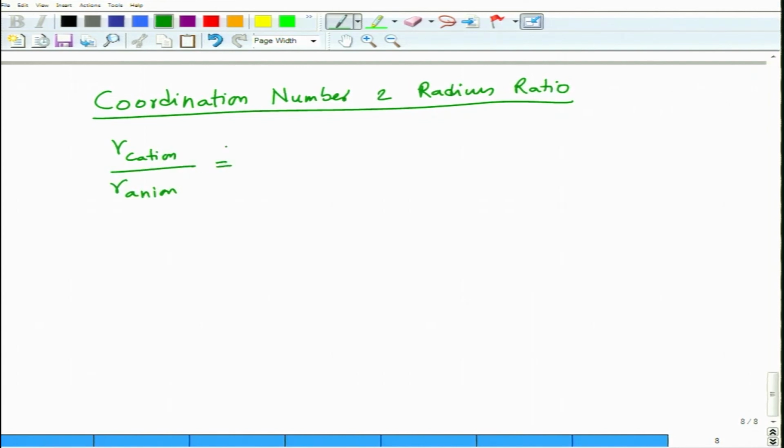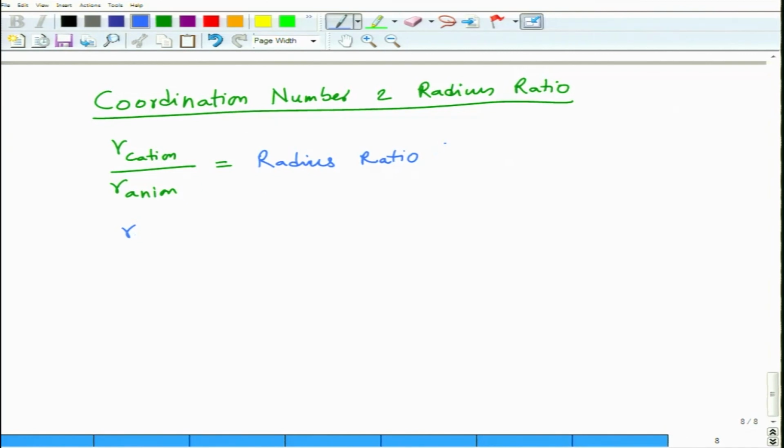This is called the radius ratio, and this radius ratio will determine how many nearest neighbors you will have, which will make a stable structure. So for example, there are various kinds of ratios which are possible.